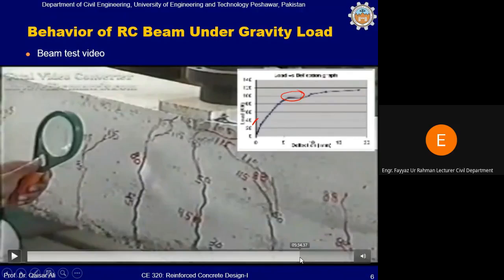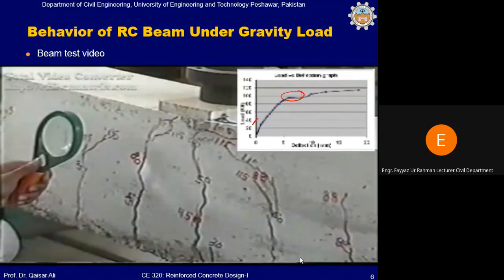But even after the yielding of reinforcement, the beam is still able to take load, as seen here in the load deflection curve, which also means that yielding doesn't indicate the failure of the beam.